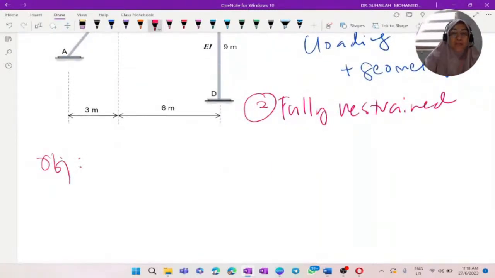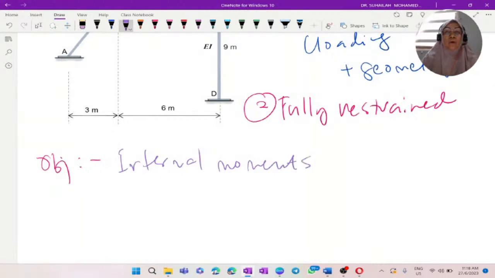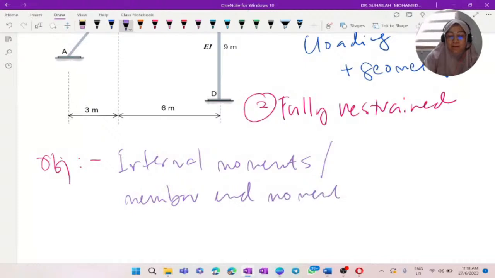The outcome of the moment distribution method is to calculate the internal moment, which we also call the member end moment, or the bending moment.